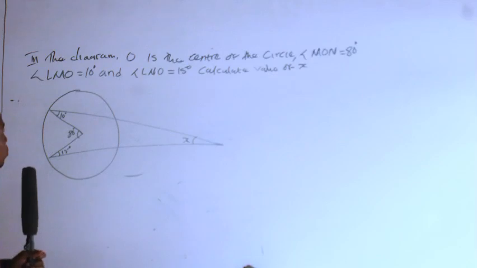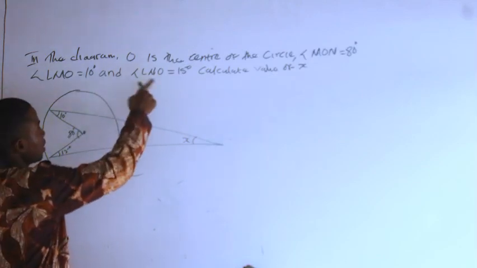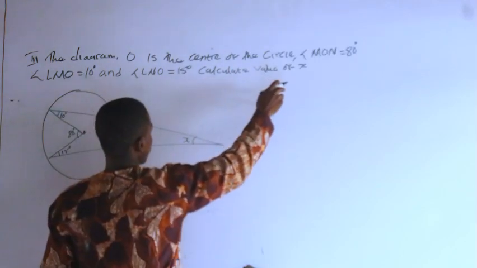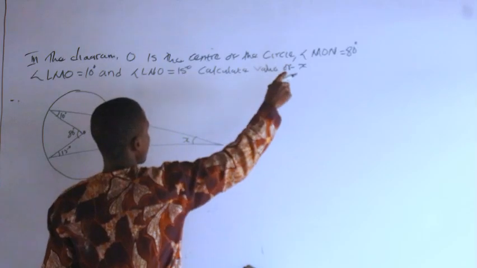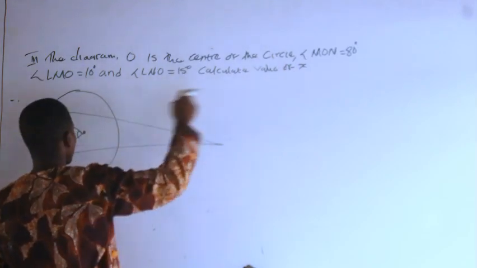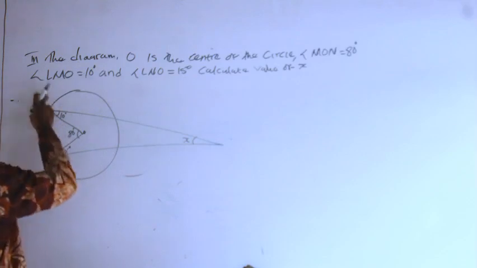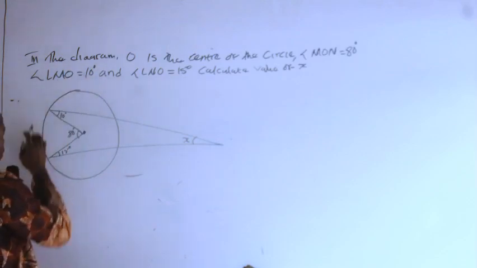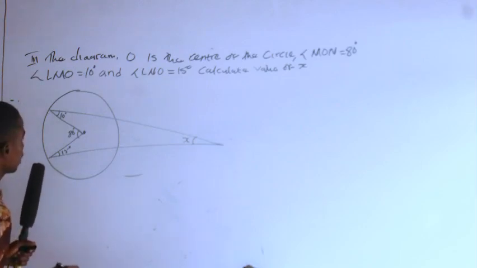In the diagram, O is the center of the circle. And angle MLN equal to 80, which is this place. And angle NMO equal to 10. This is this place. Are you getting me now?